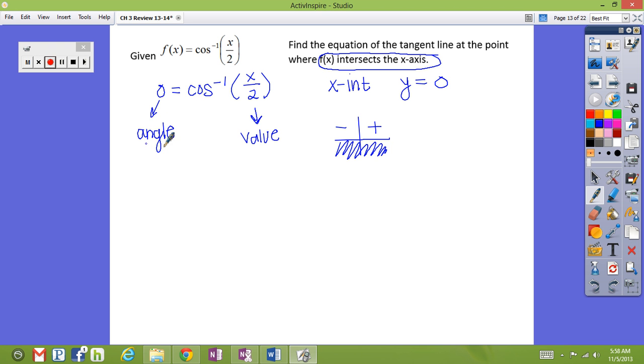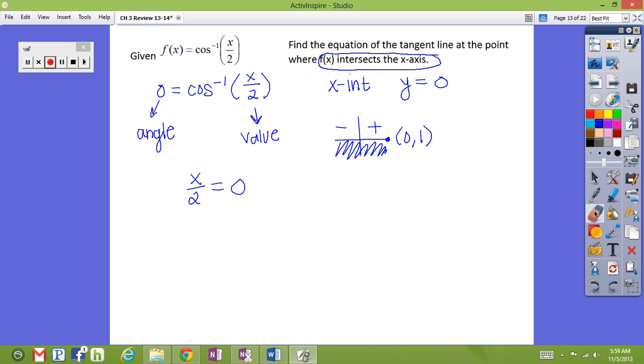The angle of 0 would be here, so the value that you get is actually also 0. So then x over 2 has to equal 0. Value meaning if the angle is 0, oh actually sorry, the value is 1.